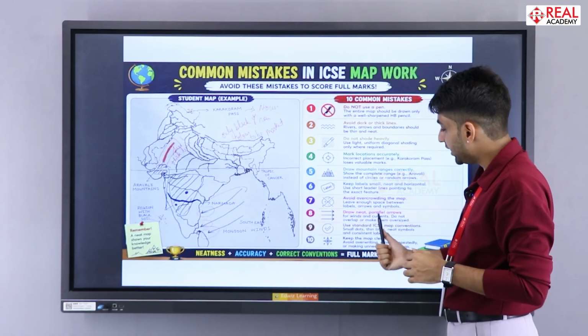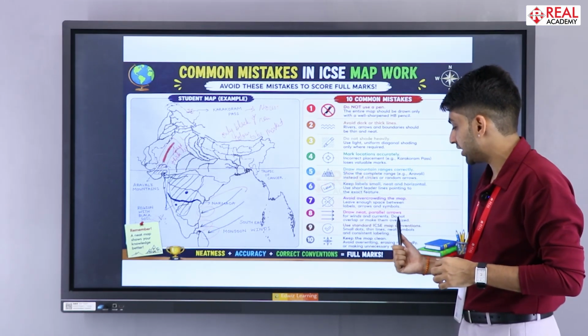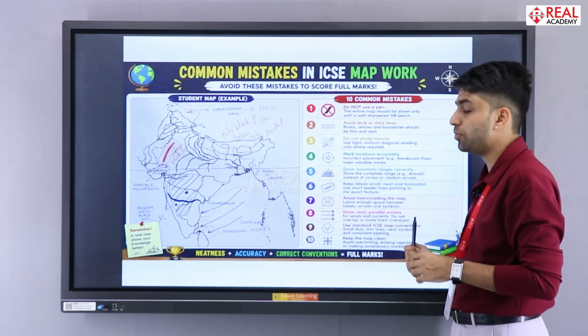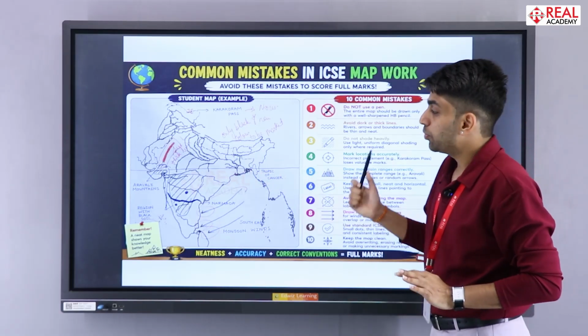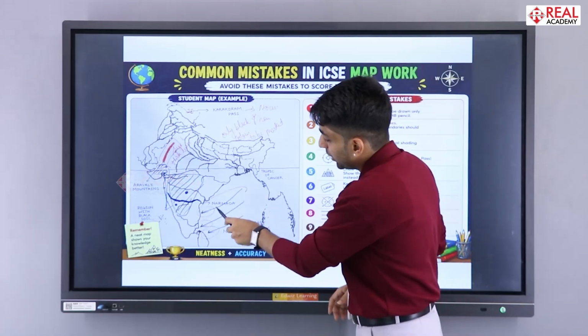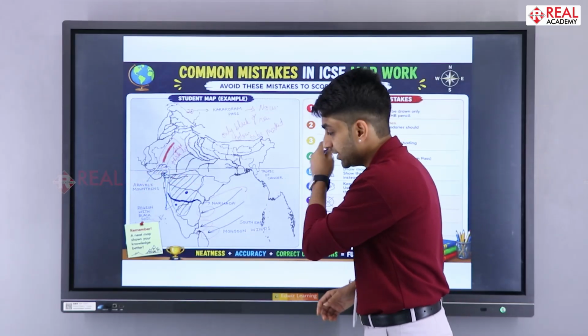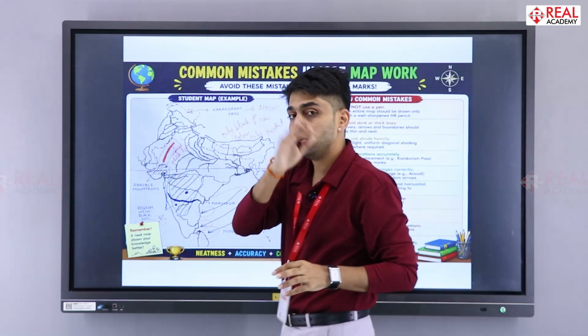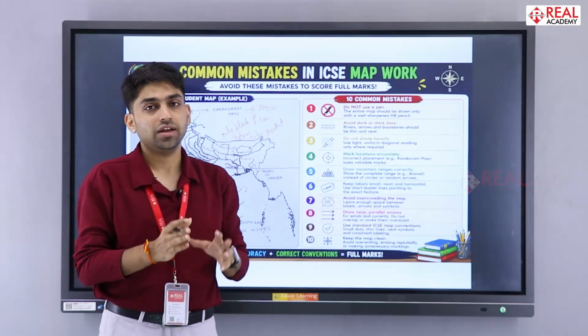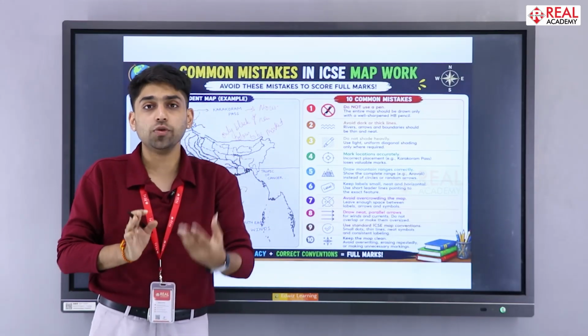Next, draw neat parallel arrows for winds and currents. Do not overlap them or make them oversized. This kind of arrow won't work; these arrows are entirely wrong. You need to use a scale to make the arrows, and it can give you marks.